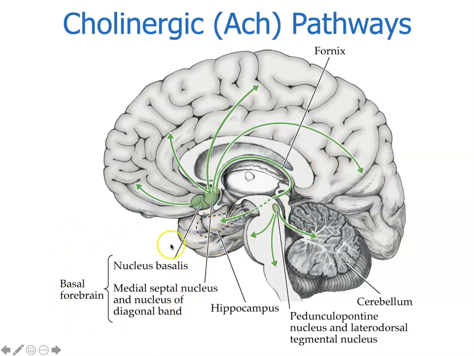And so this is the basal forebrain. Here's that nucleus basalis, and these would be where the neurons originate, and then they send projections outward into the different regions of the cortex. You have the nucleus basalis, the medial septal nucleus, and the nucleus of the diagonal band. You also have the hippocampus, with projections coming to it, and then you have the cerebellum and other areas of the brain that are actually part of the brain stem.